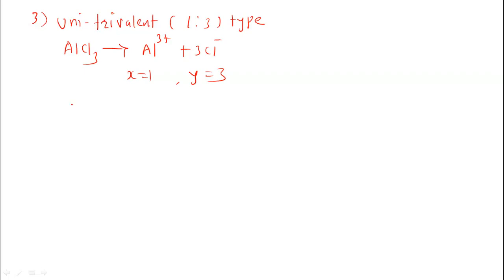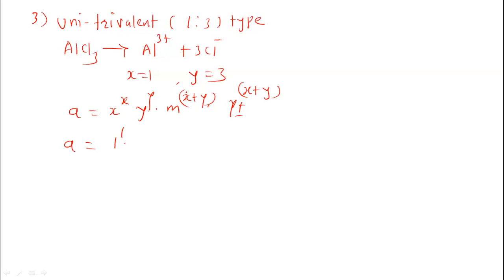So let us derive the activity of the electrolyte. Activity equal to x raised to x, y raised to y into m raised to x plus y into gamma plus minus raised to x plus y. So we can write here the activity is equal to, x is equal to 1, so 1 raised to 1.